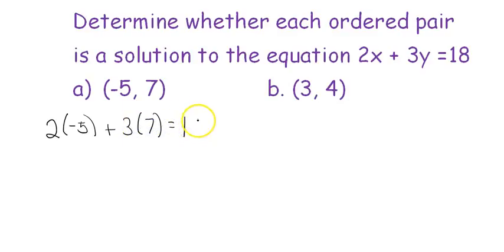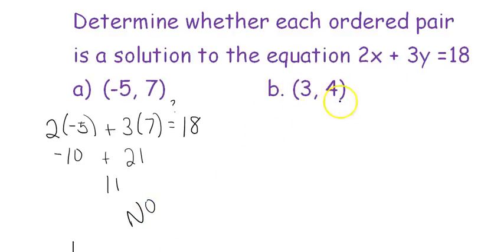And then it equals 18. That is the question. So what you want to do is figure out, does that left side equal 18? Okay, so 2 times -5 is going to give us a -10, and 3 times 7 is 21. And so if I add those two things together, I get 11, and 11 is not 18. So this is, no, it's not a solution.